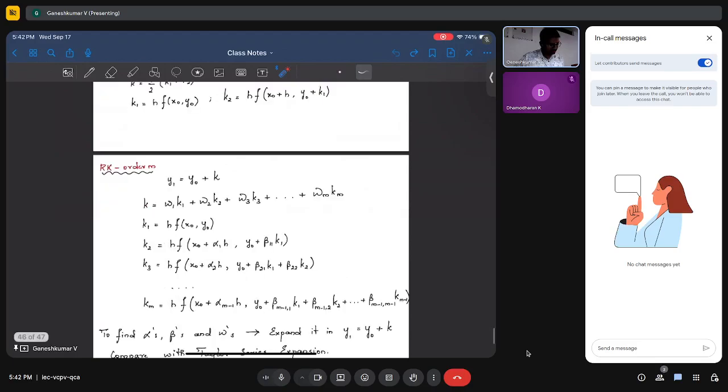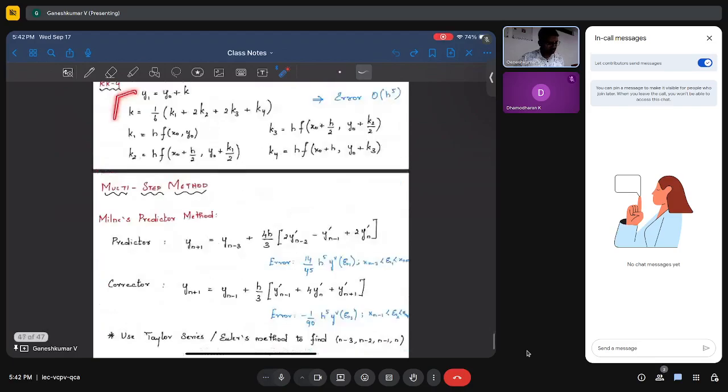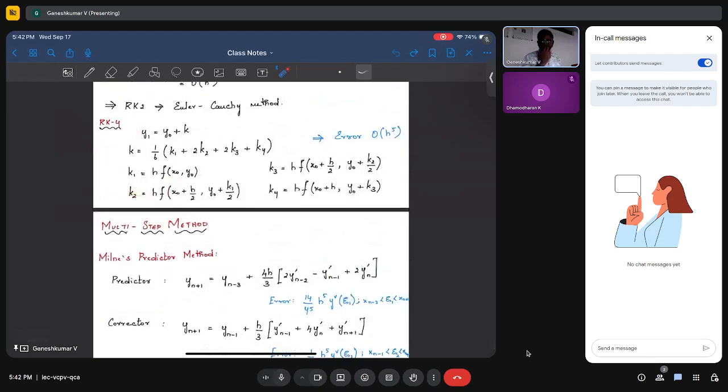Similarly you can also do the RK4 method, which is widely used everywhere. People use the RK4 method, and this also has multiple predictions and a correction, but in addition to prediction you also take a half step, x naught plus h.